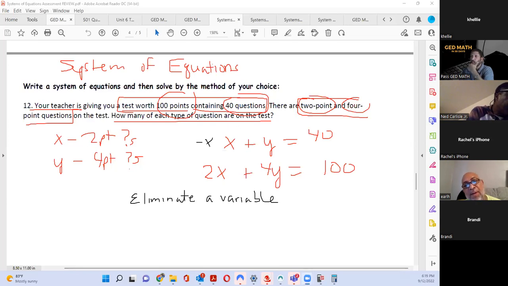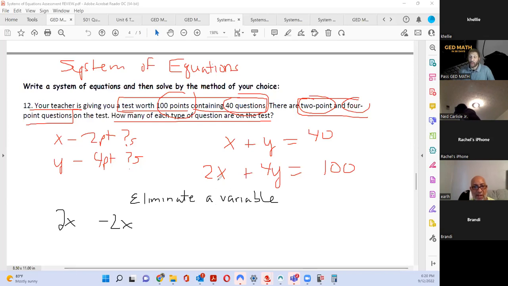Okay, so I had to multiply by negative 2. Watch this, I'm gonna make it real simple. You told me the opposite of 2X is minus 2X, correct? What do I have to multiply this first equation by for this first term to be minus 2X? You already got an X there. Negative 2.